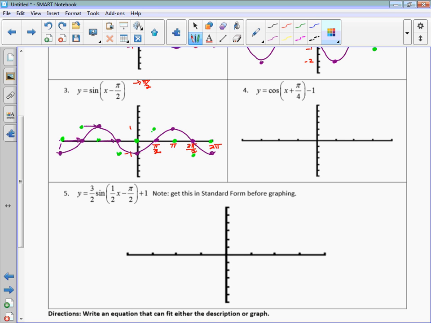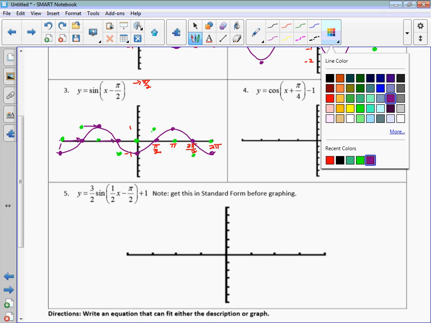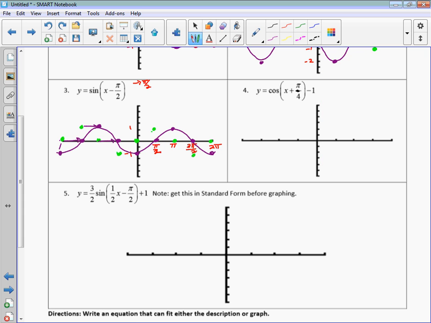Okay, number 4, I actually want to change this equation. I want it to just say pi, not pi over 4. So I want you guys to try this one.